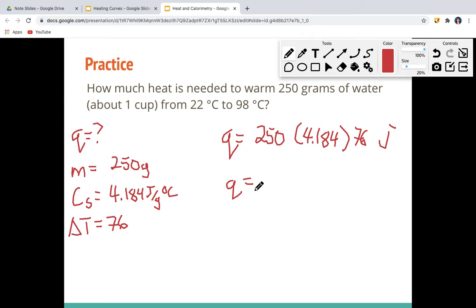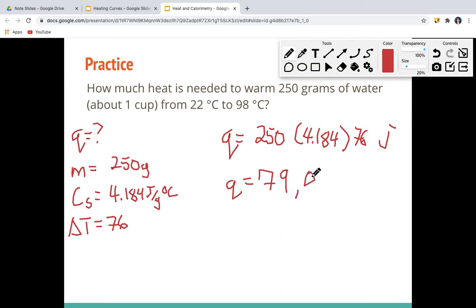So 250 times 4.184 times 76, that gets you a total of 79,000. Yep.